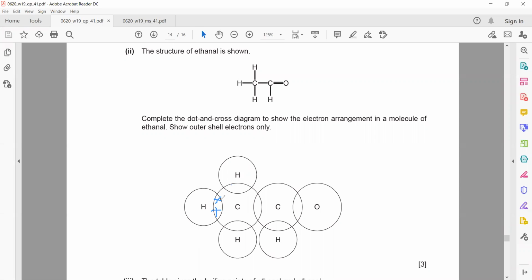If carbon you're representing with a cross, then the other should be a dot. Different symbols.